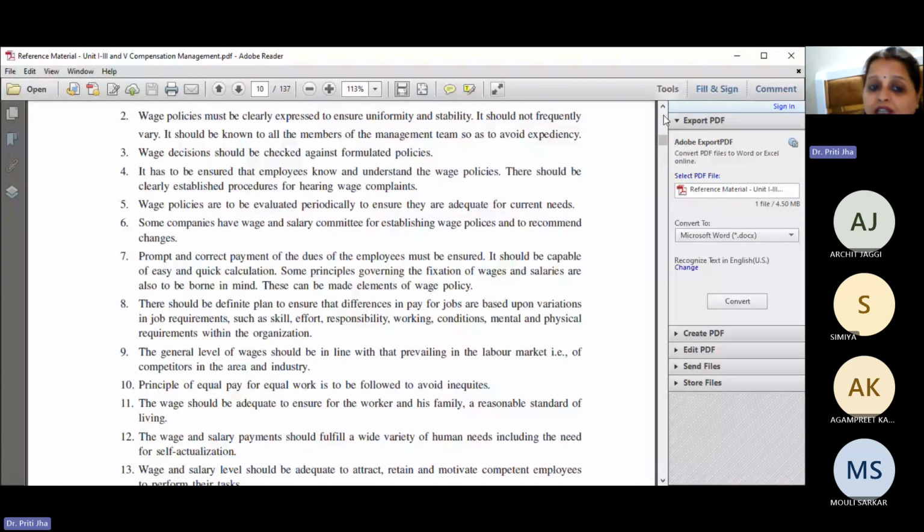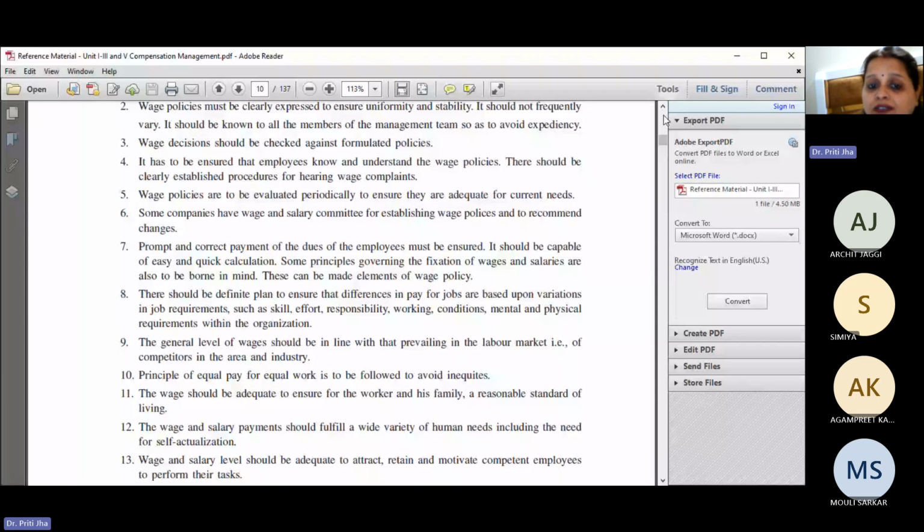There should be a definite plan to ensure that difference in pay for jobs are based upon variations in job requirements such as skill, effort, responsibility, working conditions, mental and physical requirements within the organization.